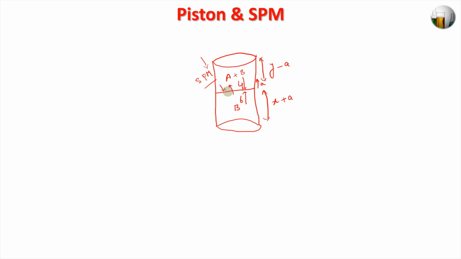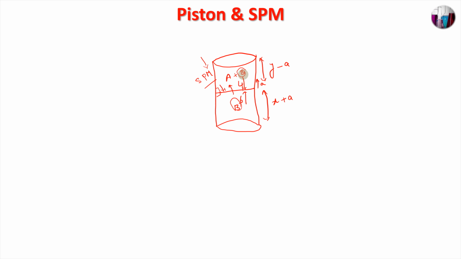But if the SPM is non-movable, B will simply diffuse and the pressure of B here and the pressure of B there will be equal. But if it is a movable semi-permeable membrane, then B will move up and the partial pressure of B in both parts will be the same.